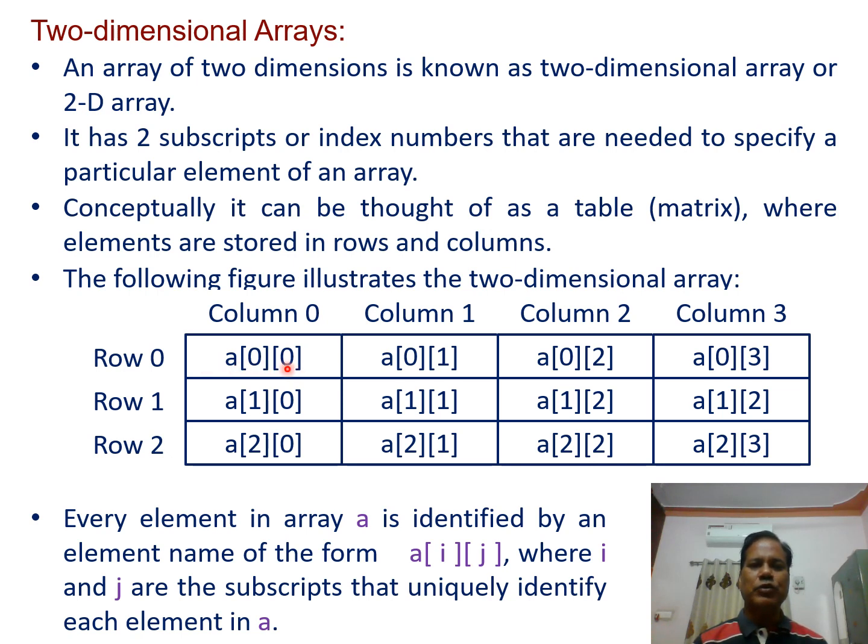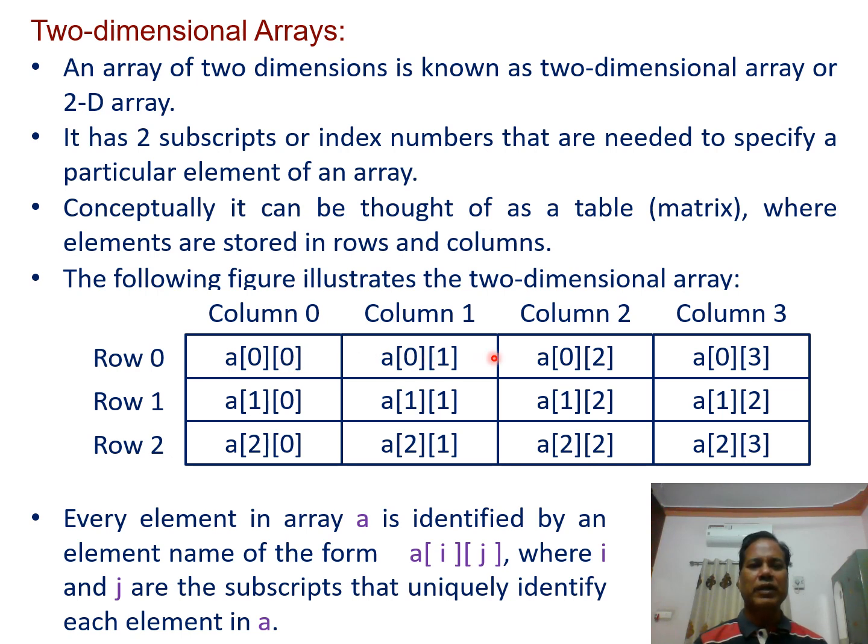So A00, this is the first element of the two-dimensional array. The first 0 is the row number and the second 0 is the column number. So first row number and first column number identify the first element.